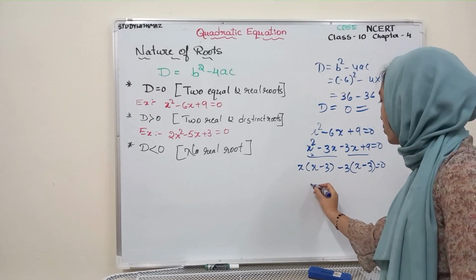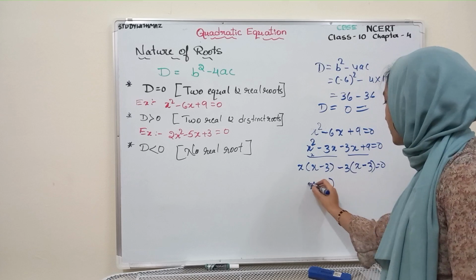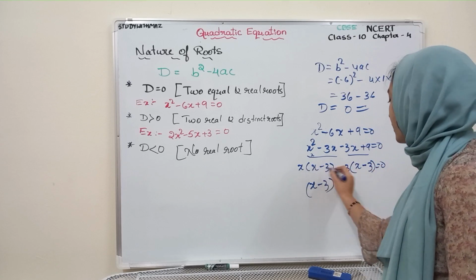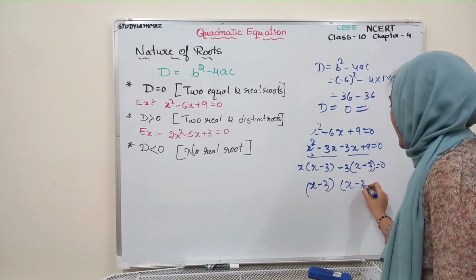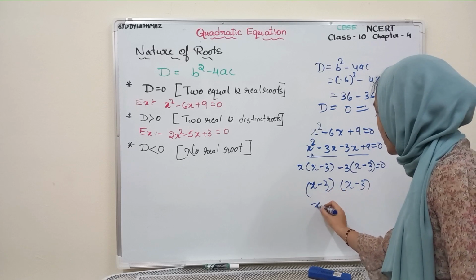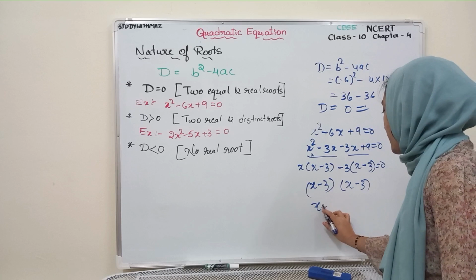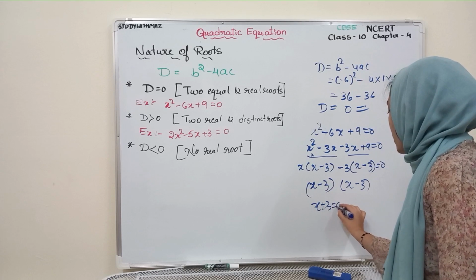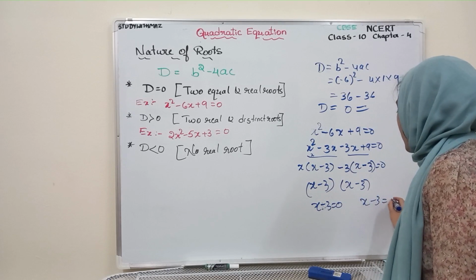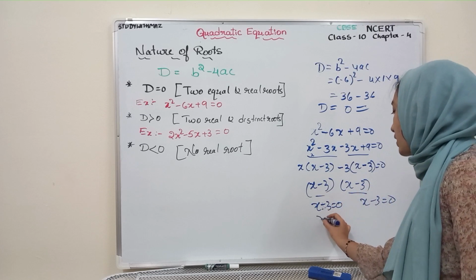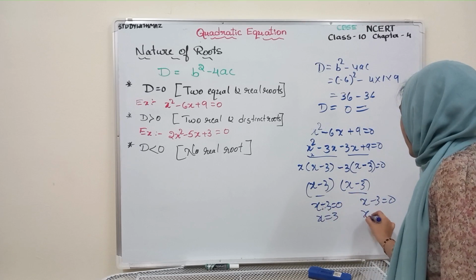So we got 2 roots here, x minus 3, this common bracket, and the thing which is outside is also x minus 3. So take separately, equate both the values. So x minus 3 equal to 0, x minus 3 equal to 0 for these 2 brackets, so we will get x equal to 3, x equal to 3.